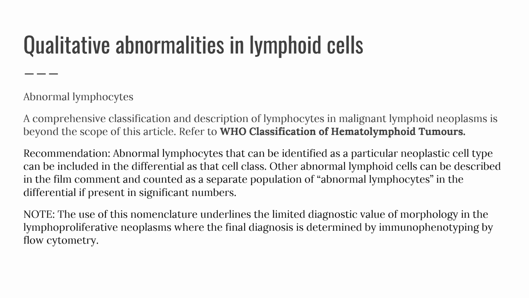And the use of this nomenclature underlines the limited diagnostic value of PBS morphology in the diagnosis of lymphoproliferative neoplasms, because the final diagnosis is determined by immunophenotyping, by flow cytometry, and sometimes even with additional molecular or cytogenetic studies.